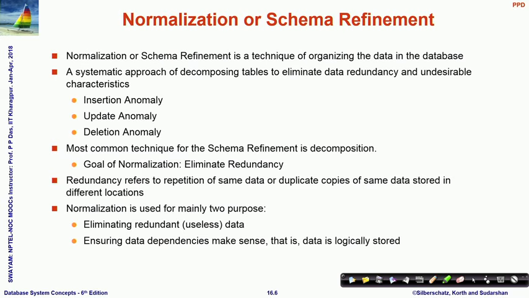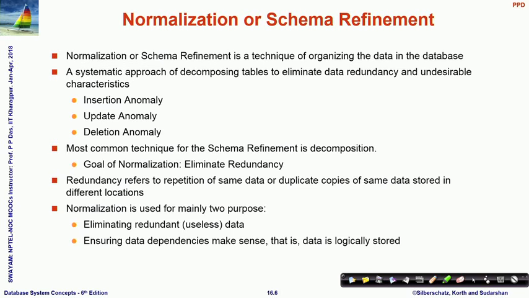The answer lies in the fact that a design for a relational schema may give rise to a variety of anomalies in terms of the data. Typically, there are three anomalies which concern us most: the insertion, the update and the deletion anomaly.